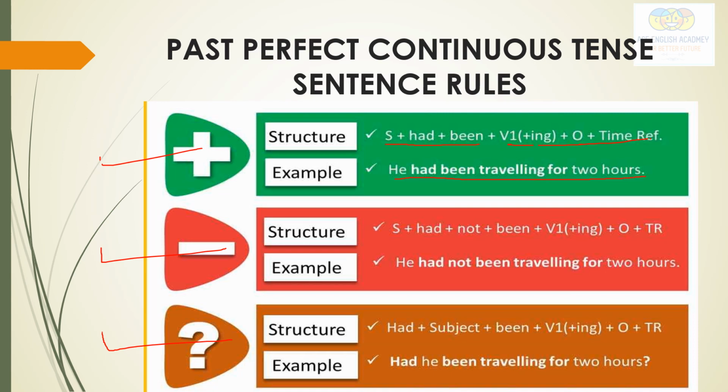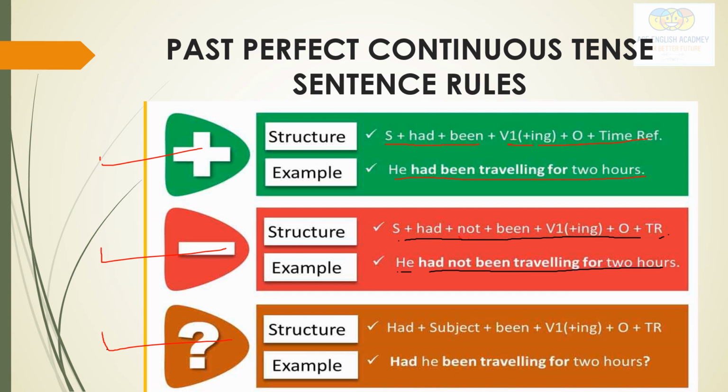So negative, what we will do? We will just add not. Subject had not been, verb first form ing plus object. Time reference. He had not been traveling for 2 hours. Simple. Just we have to add not.